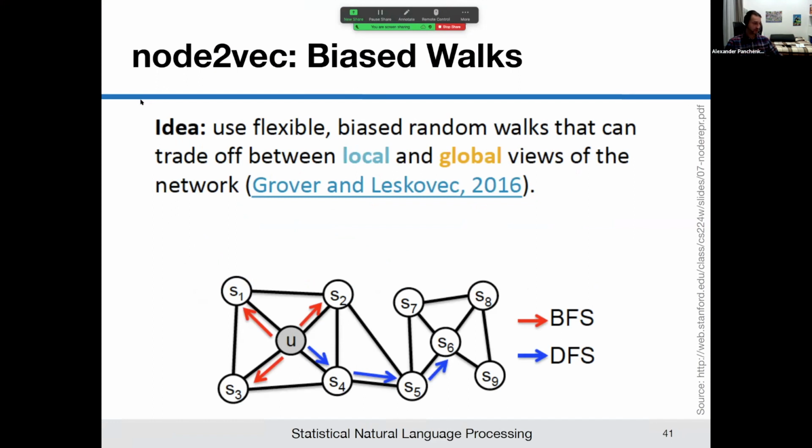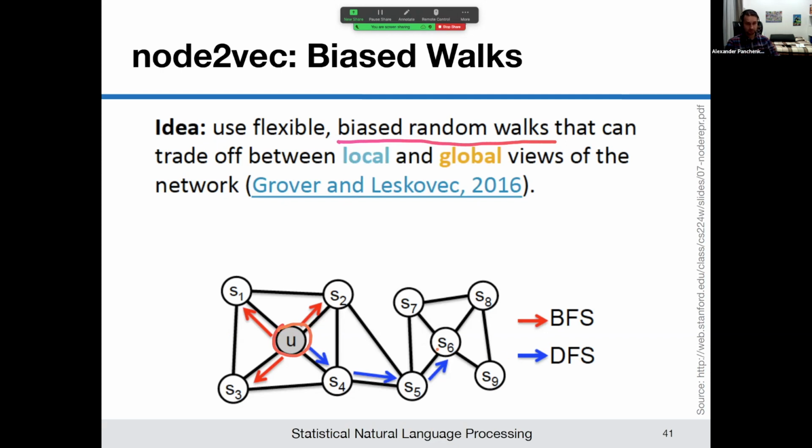The difference between node2vec and DeepWalk comes in the way they generate these random walks. And node2vec parameterizes this procedure by introducing two additional parameters, and it introduces the notion of biased random walks, which can trade off between local exploration of this neighborhood of the target node and global exploration.